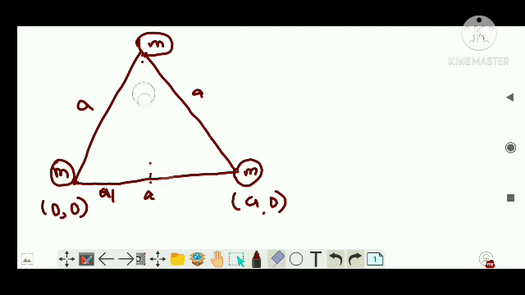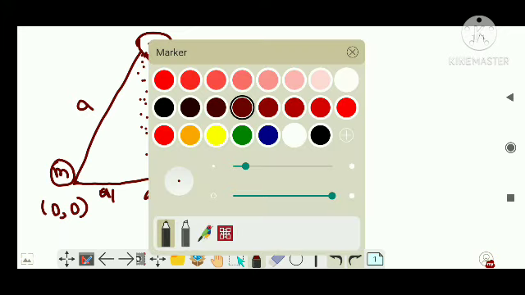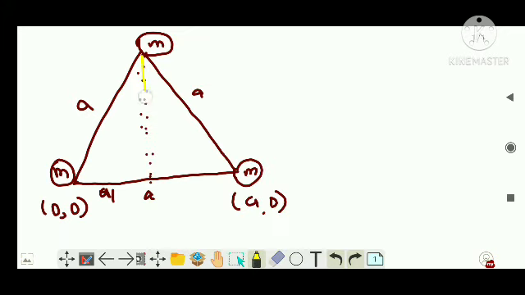I'm rubbing this out. Let's take another color. We require this one, right? So this is 60 degrees, right? So this side will be what?